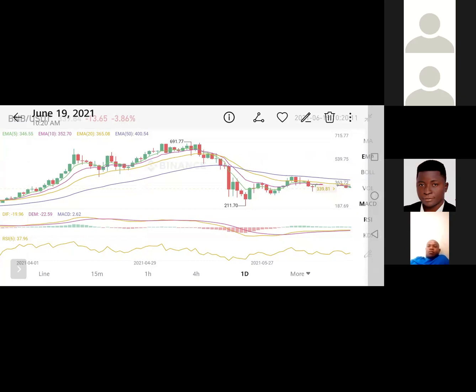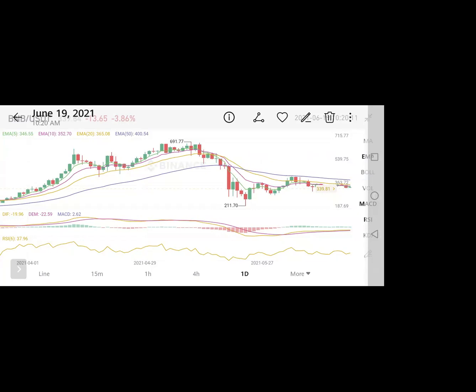Okay, EMA. We actually have different kinds of indicators, different kinds of analysis for the activity that goes on in a financial market, whether stock, crypto, bond market, forex, whatever market it is.